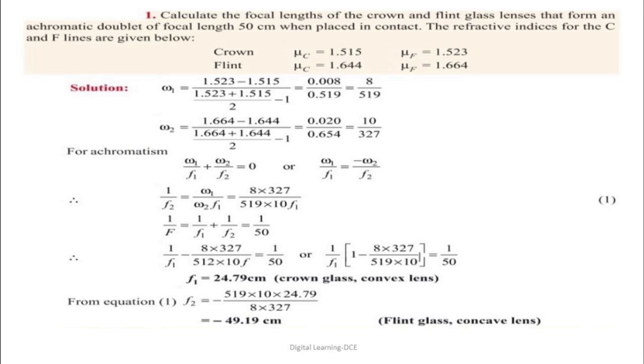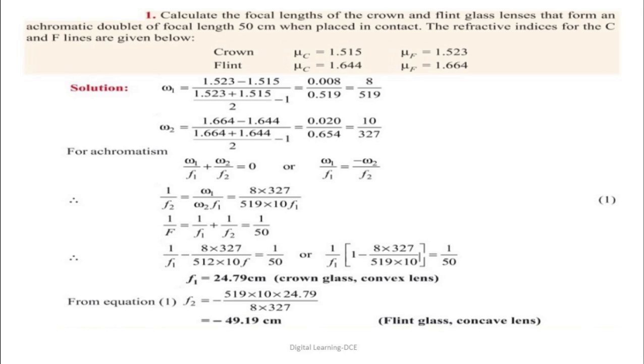Crown: mu C is equal to 1.515, mu F is equal to 1.523. Flint: mu C is equal to 1.644, mu F is equal to 1.664.